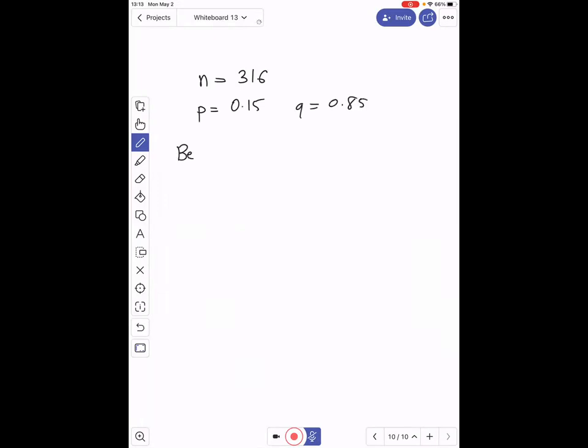Because n is more than 20, we cannot use table 2.